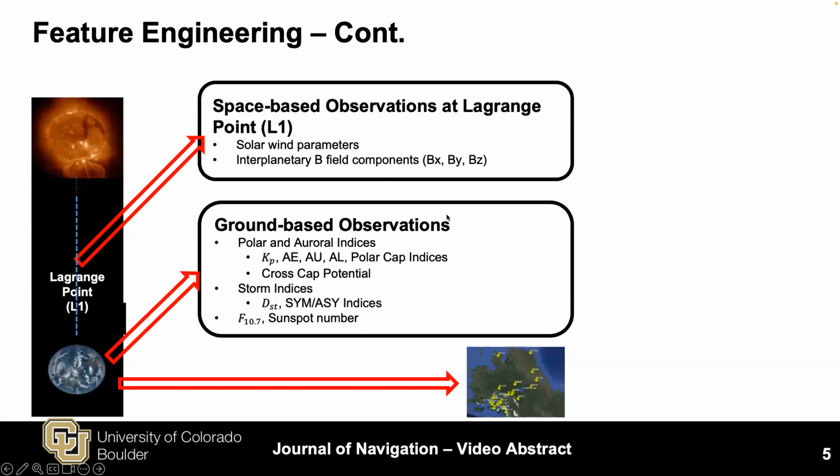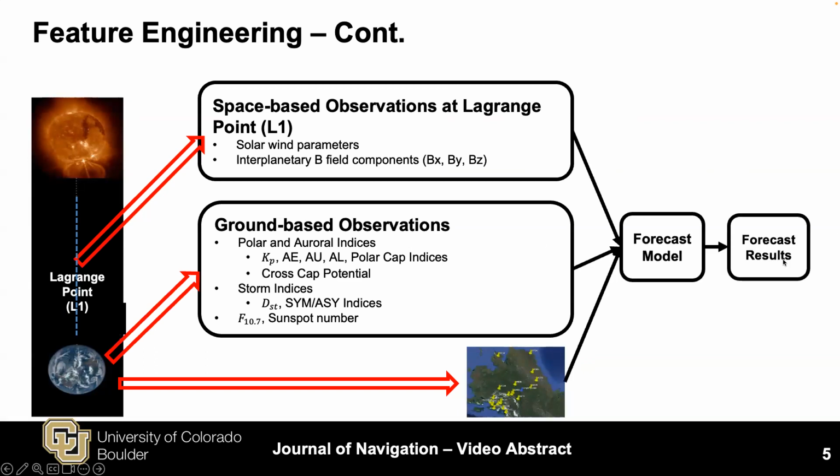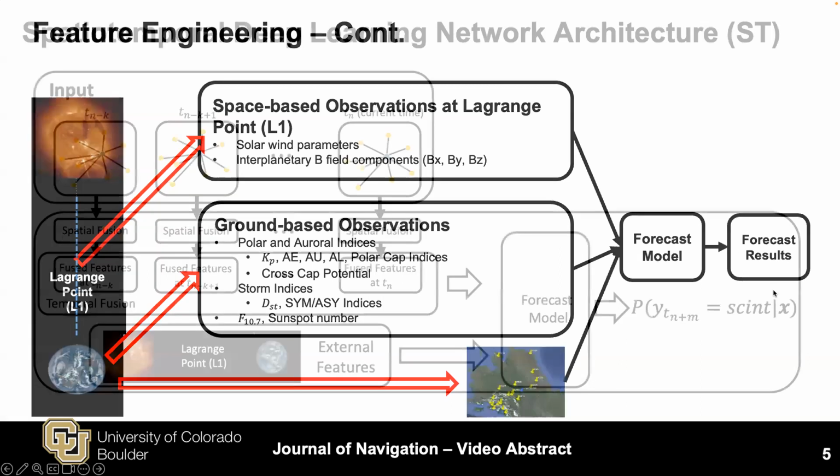These observations are related to the drivers of scintillation occurrence, which can provide useful ahead-of-time information. And eventually, all of these features are input to the machine learning-based forecast model to forecast the scintillation.